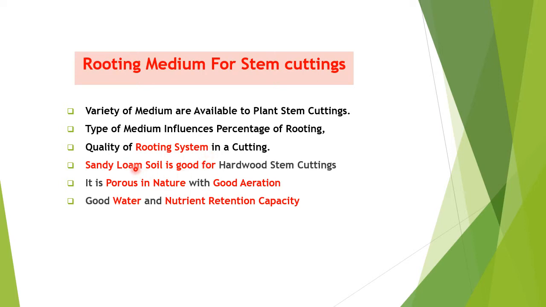A sandy loam soil is preferred for hardwood stem cuttings. As you know, sandy loam soil is porous in nature, with good aeration. It also has good water and nutrient retention capacity.